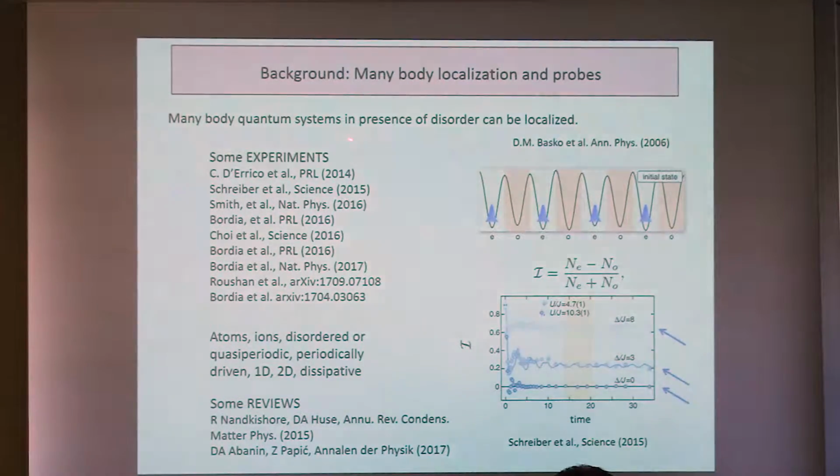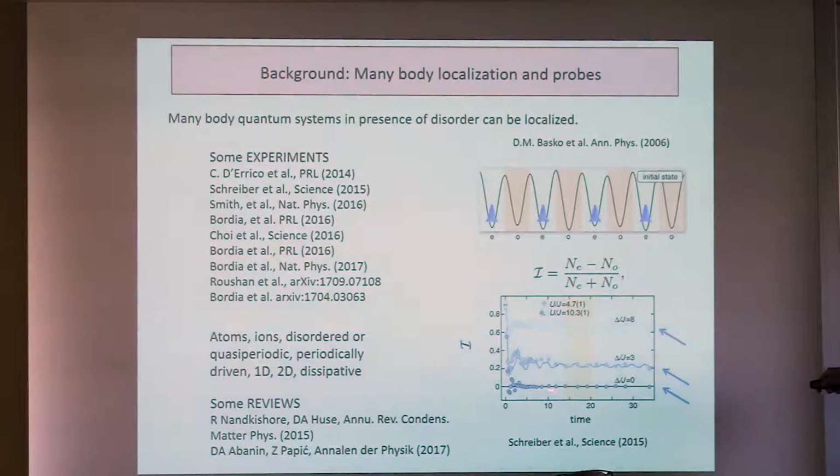The point is that in the presence of disorder, even interacting systems show localization, although it's a little bit different from Anderson localization. There have been a lot of experiments in the last years, and one way people look at these setups in cold atom experiments is, for example, to prepare an optical lattice, put an atom every other site, in the even ones for example, then allow the system to evolve and check what happens to the imbalance.